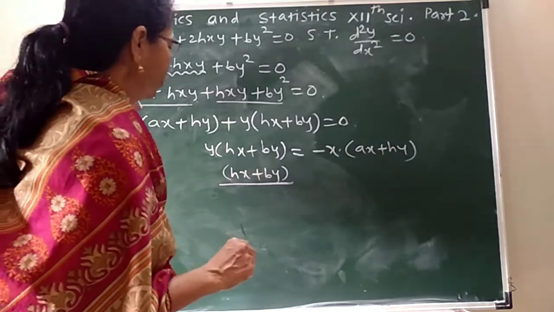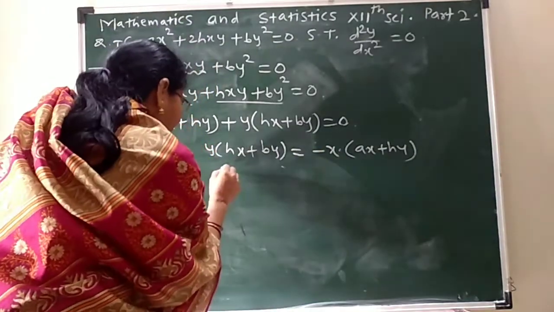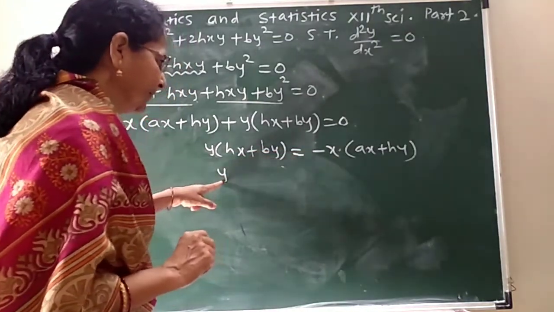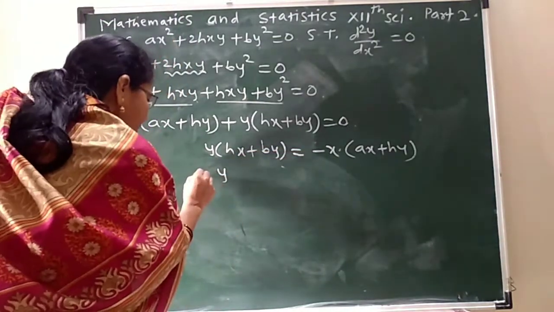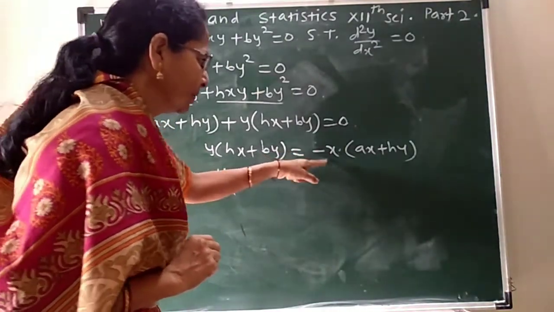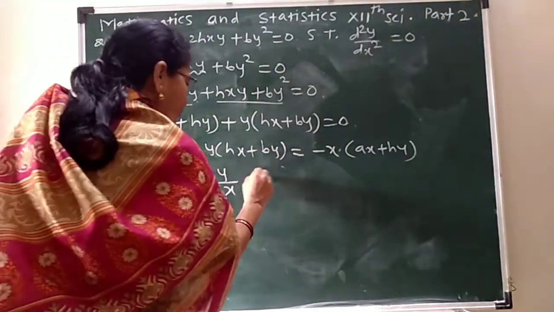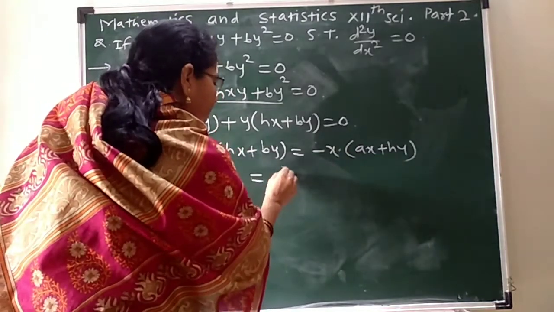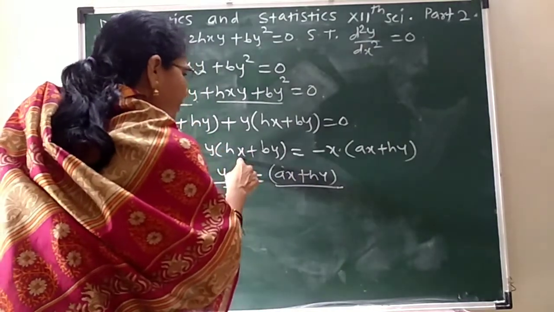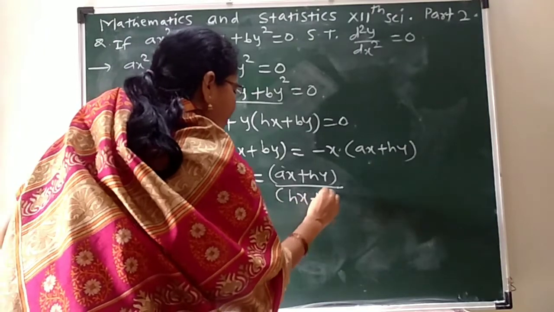See, we have to find y upon x, so y, this term take to this side, with negative sign it is minus, divided by y, is equal to the remaining ax plus hy, this term to this side becomes divided by hx plus by.